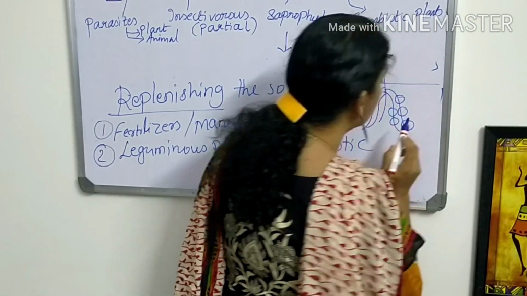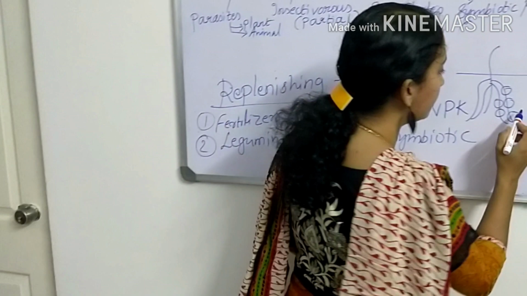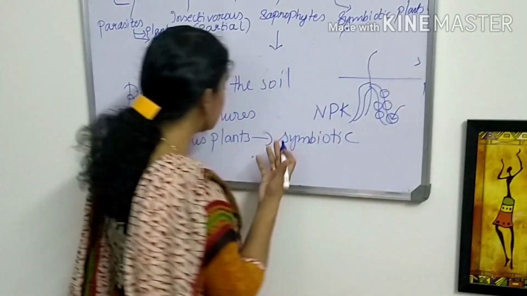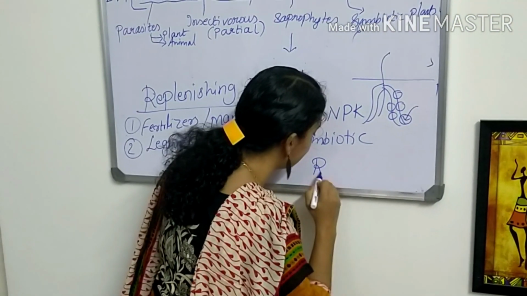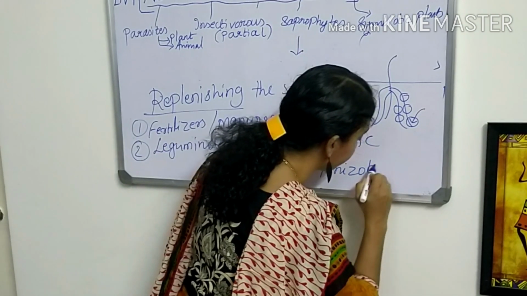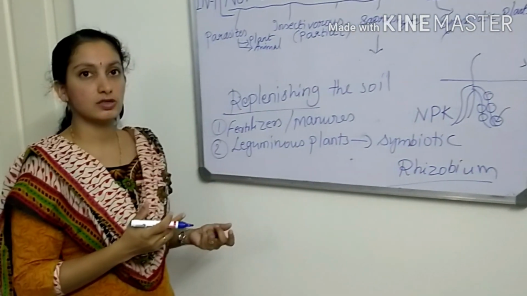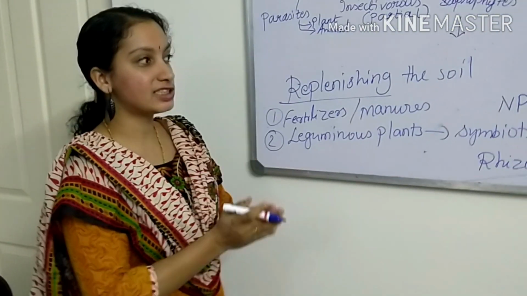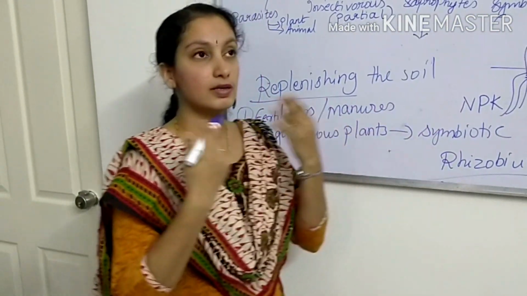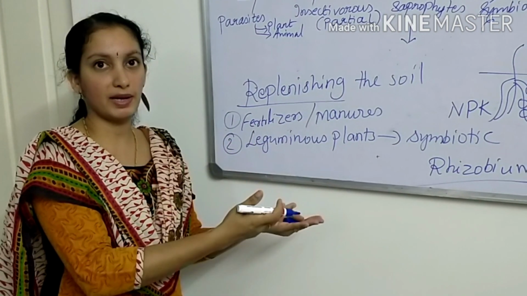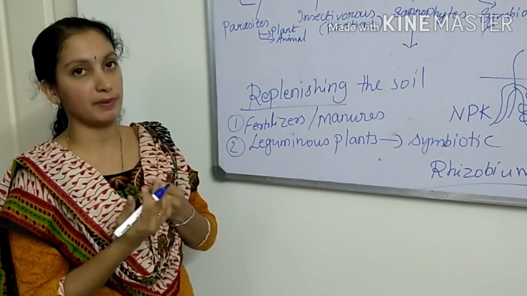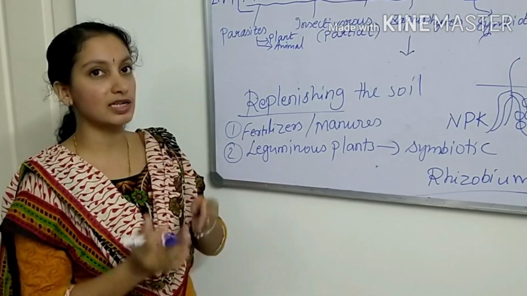This is called root nodule. Inside this, rhizobium bacterium lives. Rhizobium. So this bacterium lives inside the root nodule and makes a relationship with the plant, giving something to the plant and taking something from the plant. That is called mutual relationship.